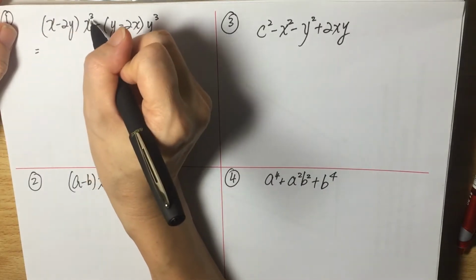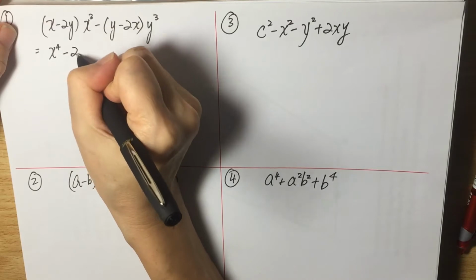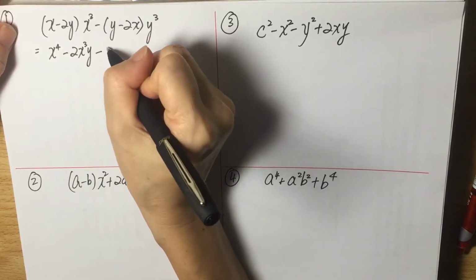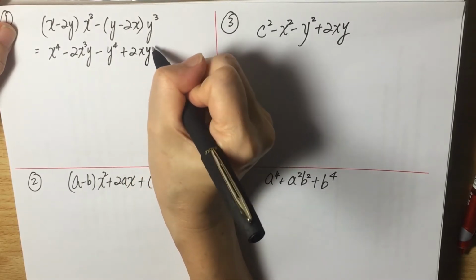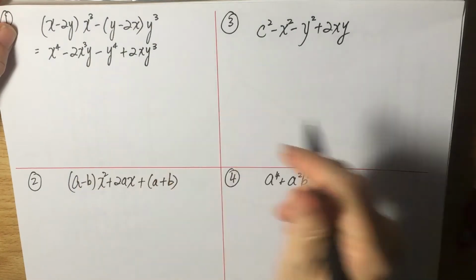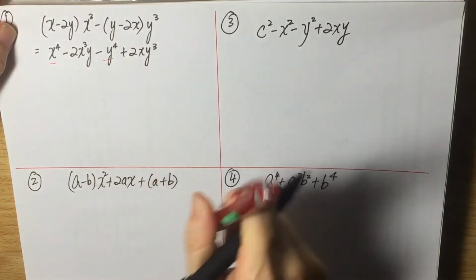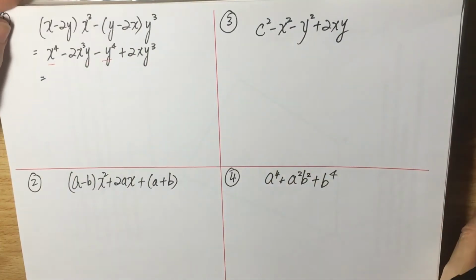So x times x cubed will be x to the 4 minus 2x cubed y. And then this one I multiply in, I have y to the 4 plus 2xy cubed. Okay, I'm going to group the x to the 4 with the y to the 4, and I'm going to factorize using the difference of squares.